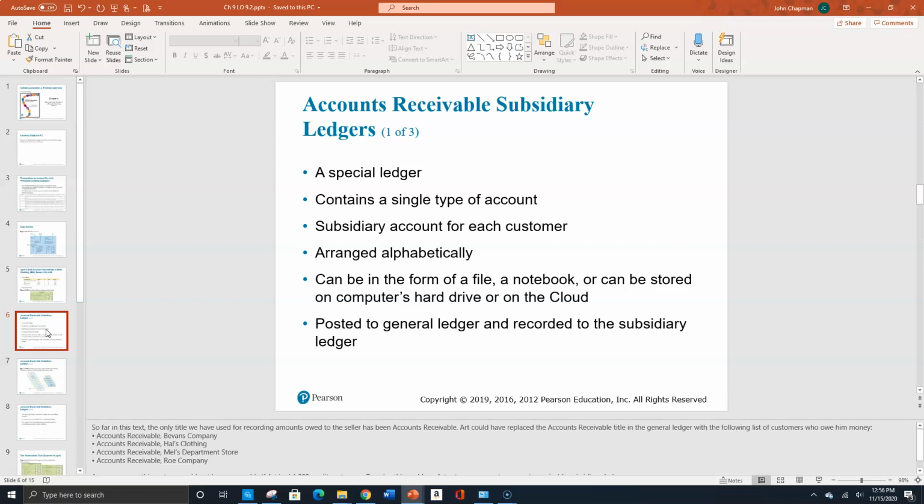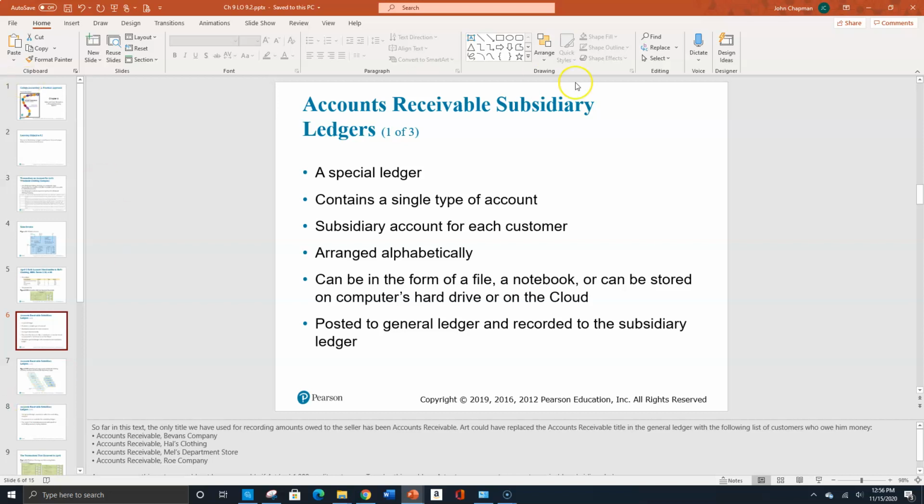So if we have $100,000 in accounts receivable, now we'll have a separate ledger that will agree to that $100,000, but will list like this customer owes us $20,000, this customer owes us $30,000, this customer owes us another amount. Okay, so it's just giving us more detail by customer.